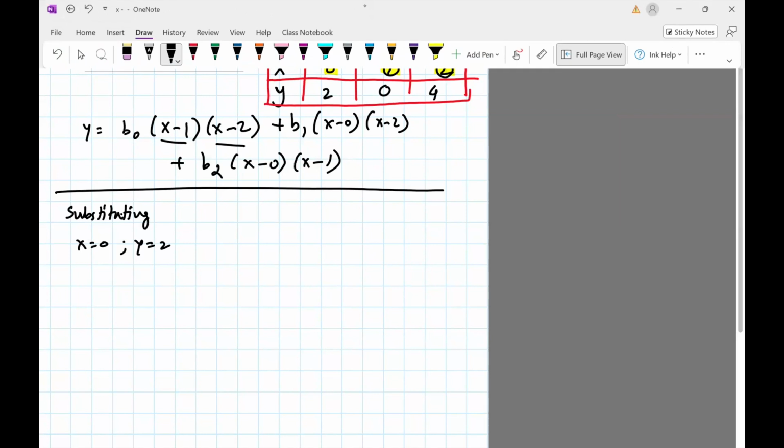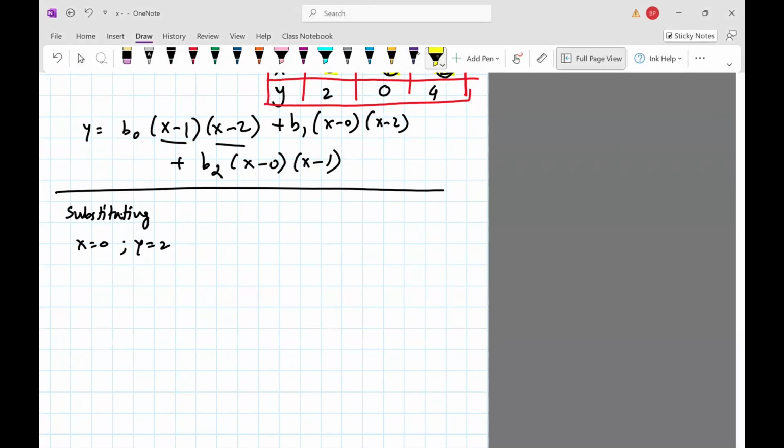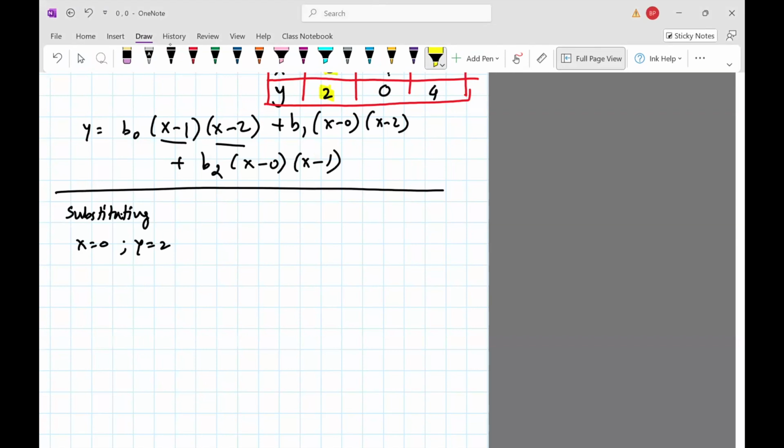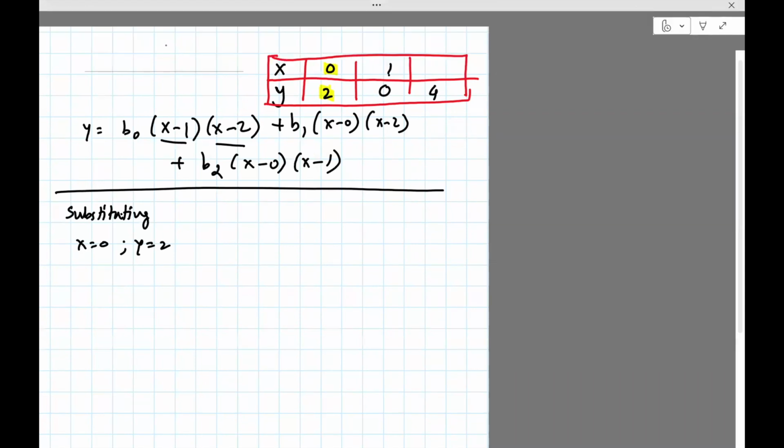This is basically the first column, 0 and 2. Okay, so what will happen if you do that? Well, you have 2 equals, so x equals 0. So what you notice here is very interesting is that when you put x equals 0 in this equation, 0 minus 0 is 0.